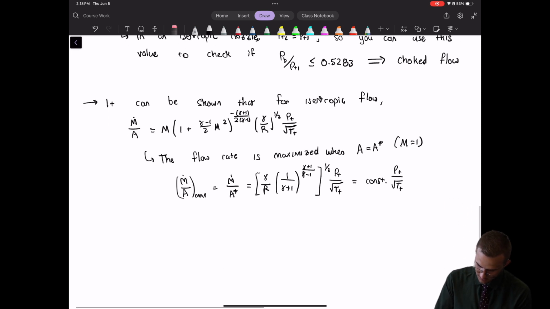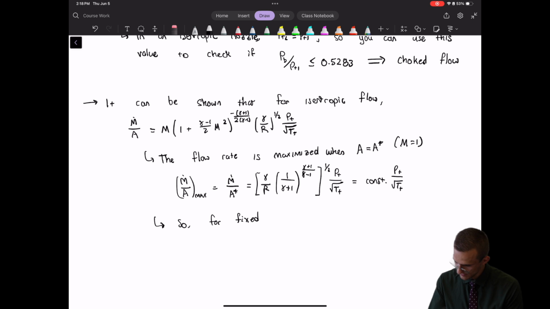So for fixed stagnation temperature, stagnation pressure, and sonic area, the maximum mass flow rate that we can reach is constant.